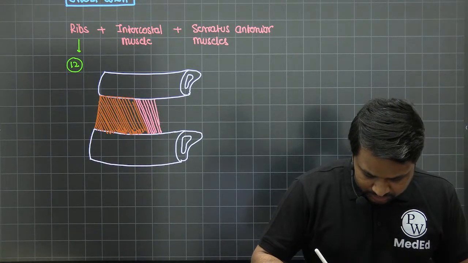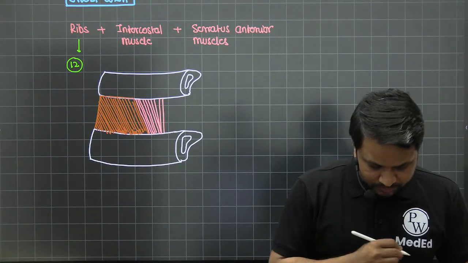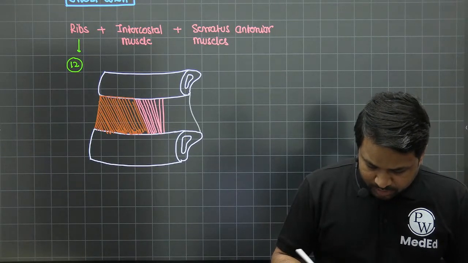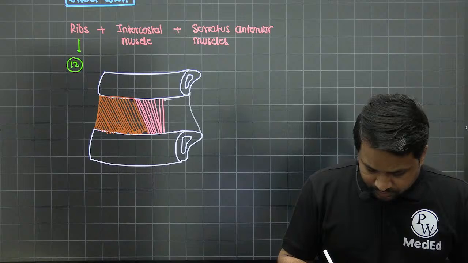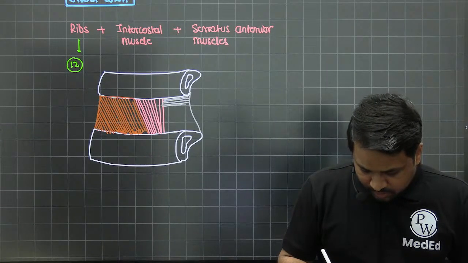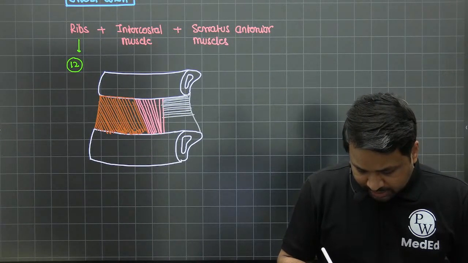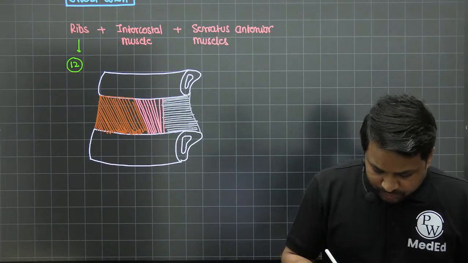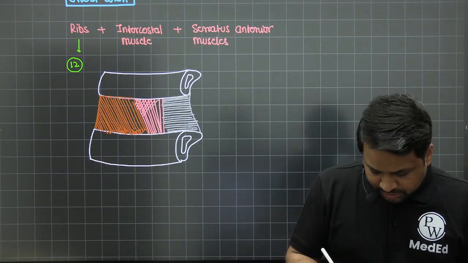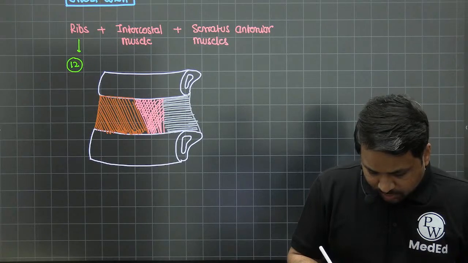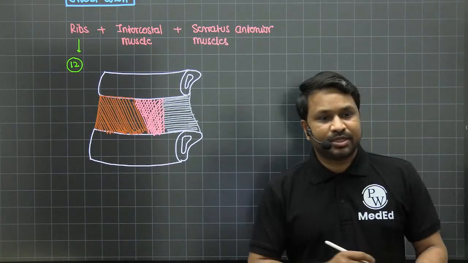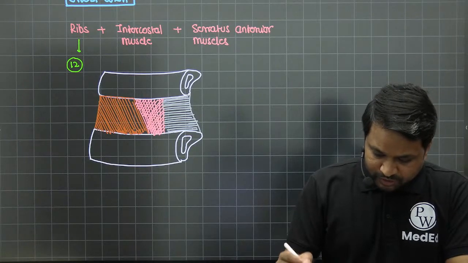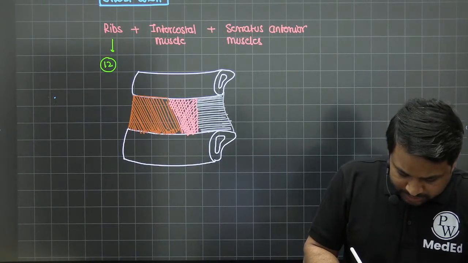And the last one that you will see is going to be the innermost intercostal muscle. So there are three layers: the first one is the external intercostal, then the internal intercostal, then the innermost intercostal muscles. The three sets of muscle are layered one after the other, right? The first muscle that you can see is your external intercostal.